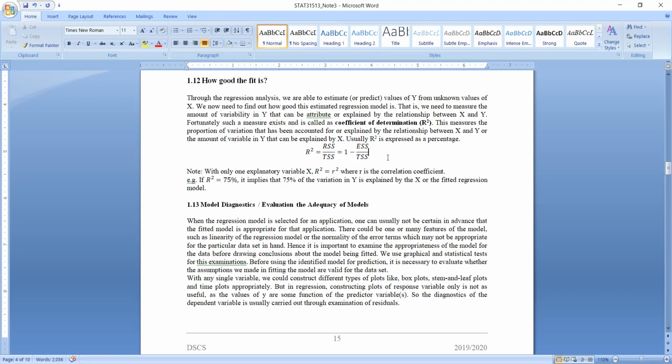So actually this R squared value is telling you, from the total variation, how much the variation of your response variable is explained by the independent variable.